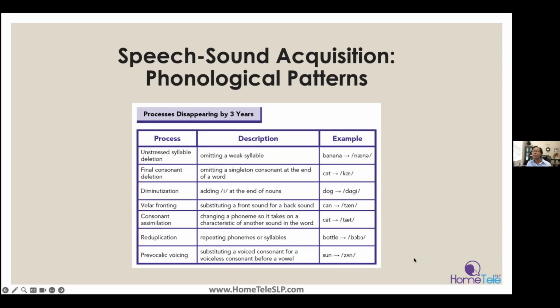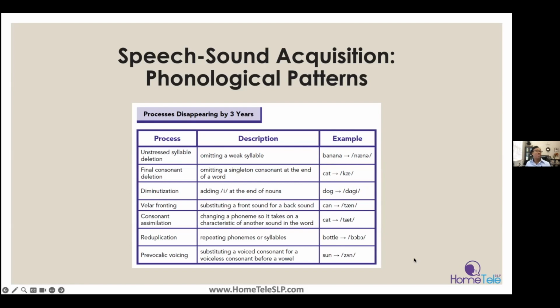It's easier for them to produce oftentimes a 2-syllable word versus a multi-syllable word consisting of 3 and more syllables. The more syllables, the harder it is to move across those syllables and sequence the consonant vowel combinations in order. And so that is not uncommon for a child to take a multi-syllable word and shorten it into a 2-syllable word.